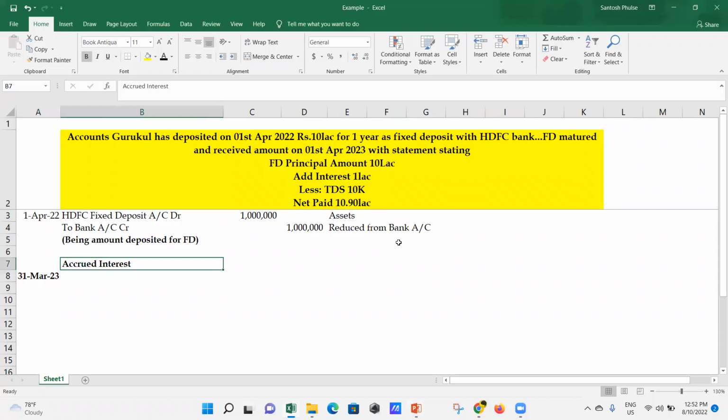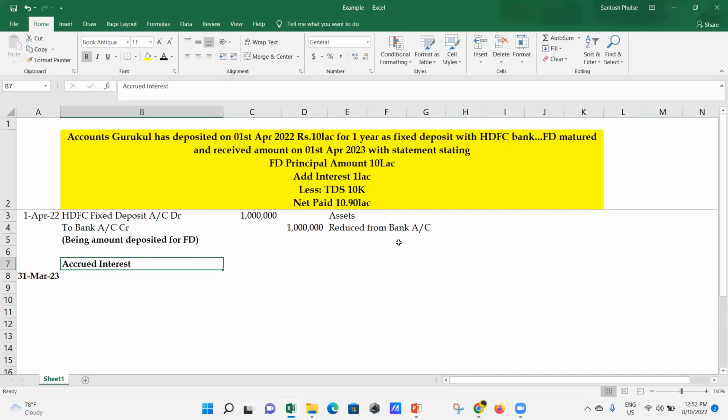Now, we are going to consider this as accrued interest and we haven't yet received that amount, and we are taking the entry as per the accrual concept of accounting into our books as accrued interest.